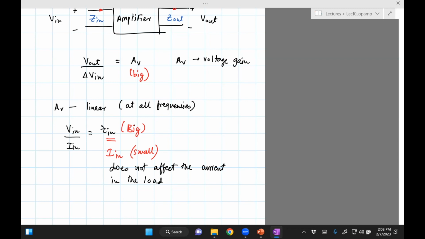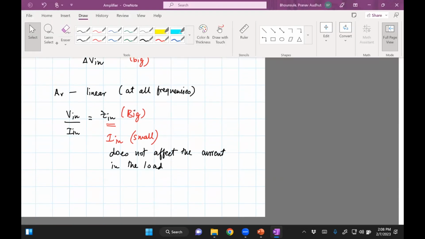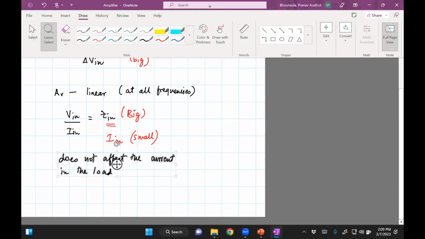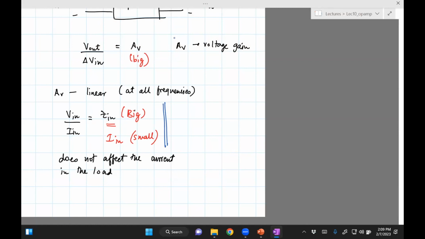Okay, then the other thing which is key here is the ratio of V out divided by I out, that's going to be the output impedance. And that ideally should be small.